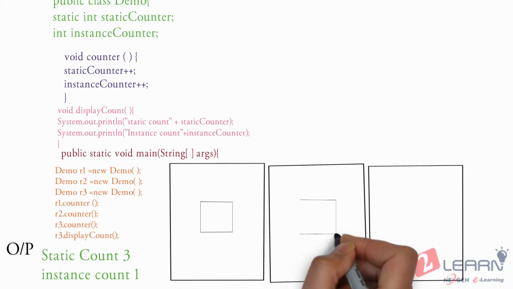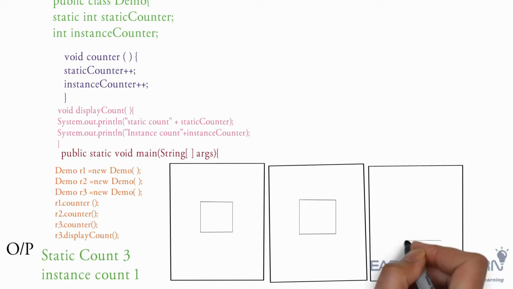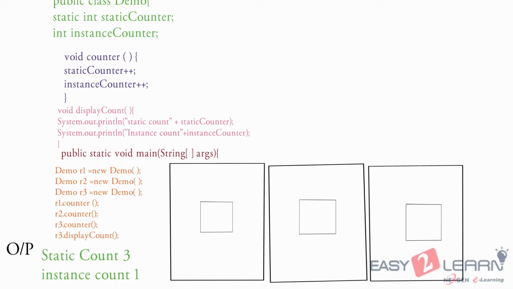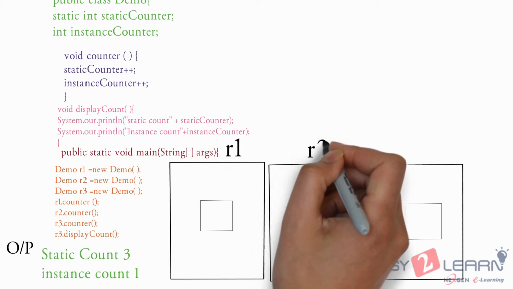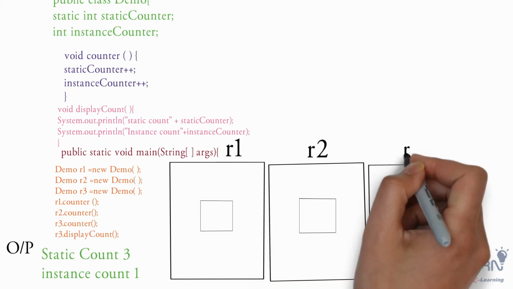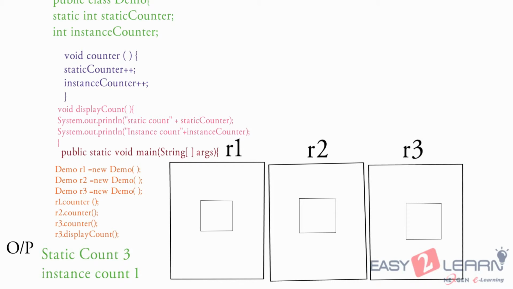Here we have the objects R1, R2 and R3. We also have a static counter whose value is 0.